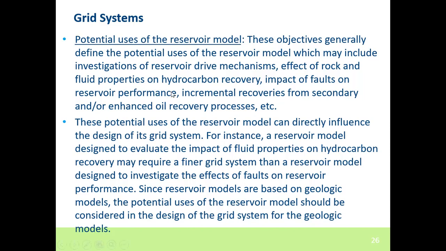And that's why I say the potential uses of the reservoir model can directly influence the design of its grid system. For instance, a reservoir model designed to evaluate the impact of fluid properties on hydrocarbon recovery may require a finer grid system than that which is used to investigate the effects of faults on reservoir performance. Since reservoir models are based on geological models, the potential uses of the reservoir models should be considered in doing this.